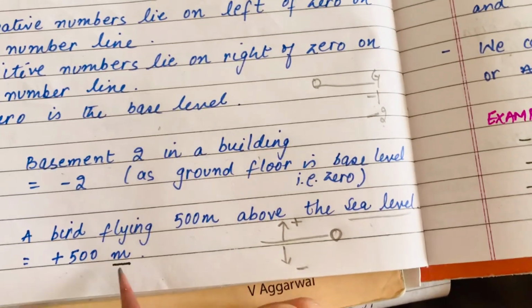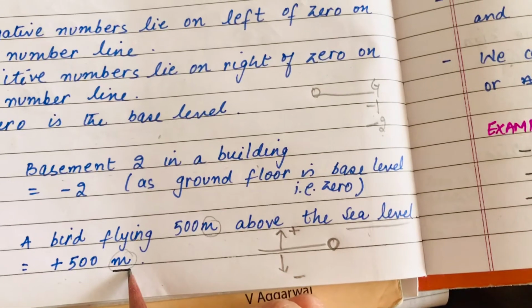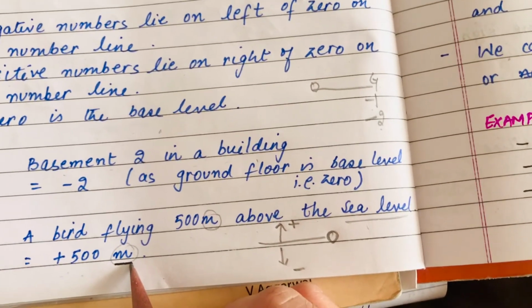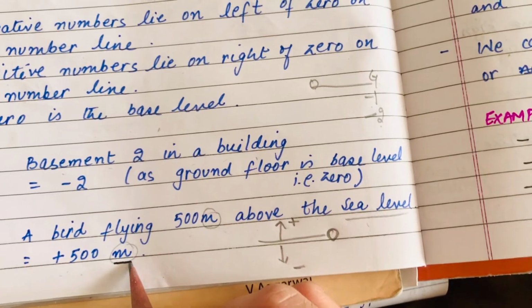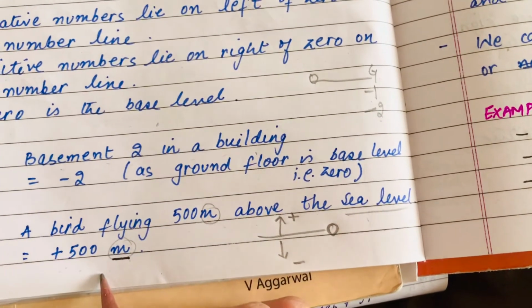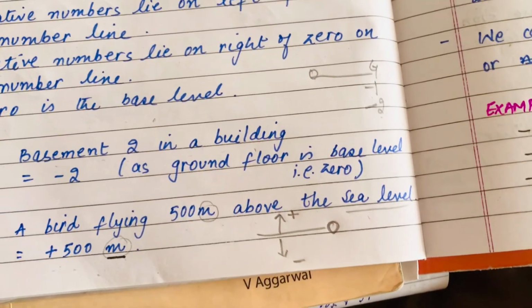One very important thing here, meter means units are given, you have to write the units. If you do not write units, your marks are deducted, because plus 500 can be anything, but right now we are writing the distance.